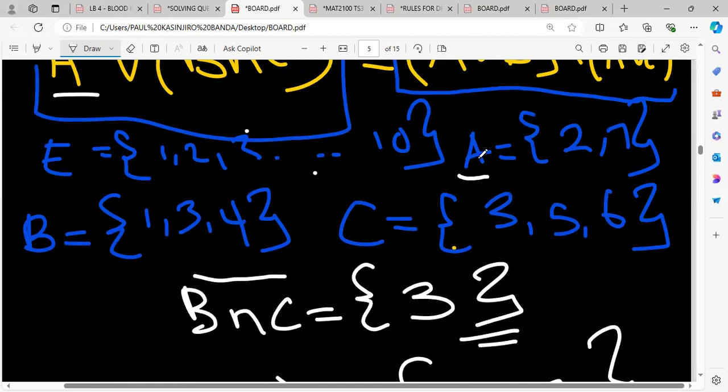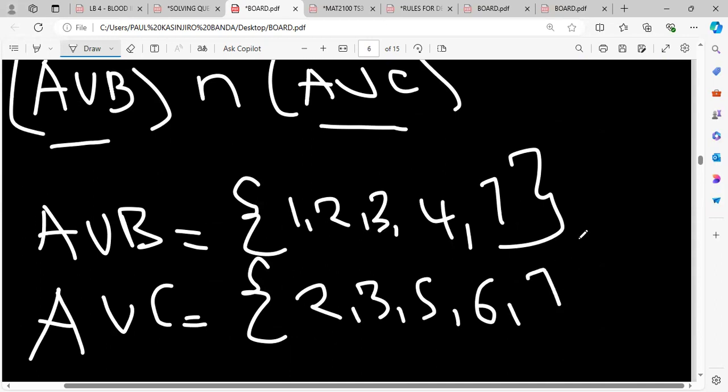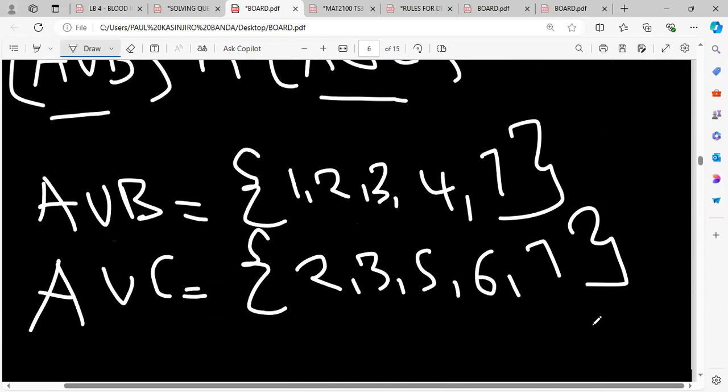So in A union C, I'm going to have 2, 3, 5, 6, 7. So this is my A union C. Now let's take the intersection between these two sets.